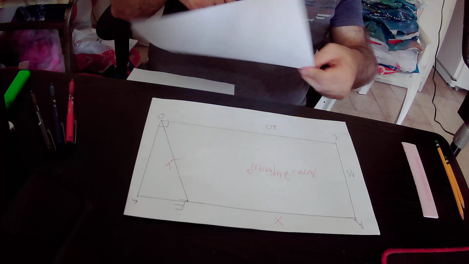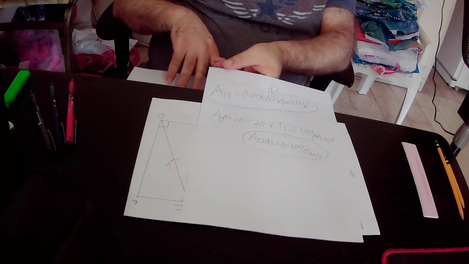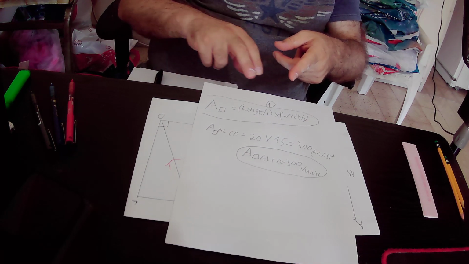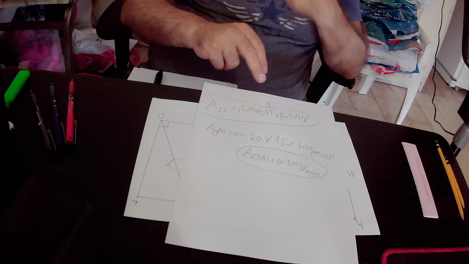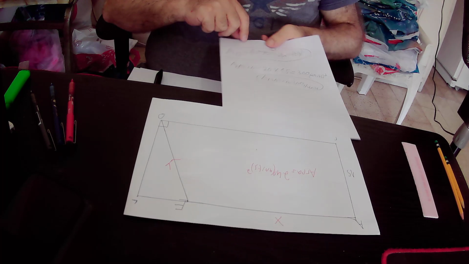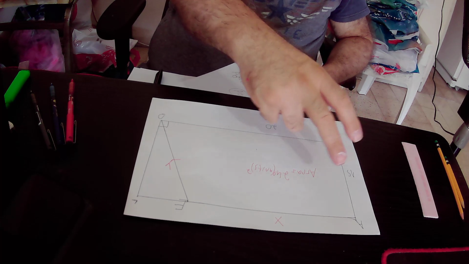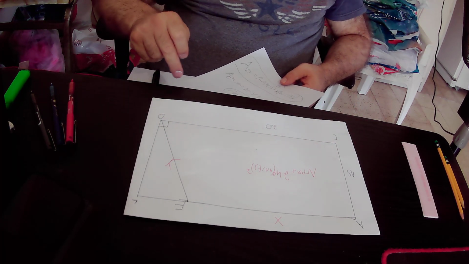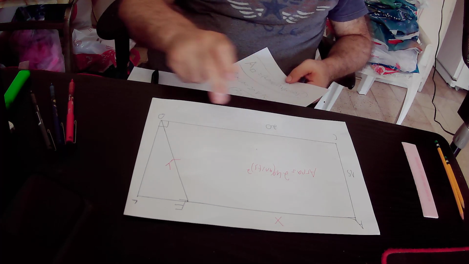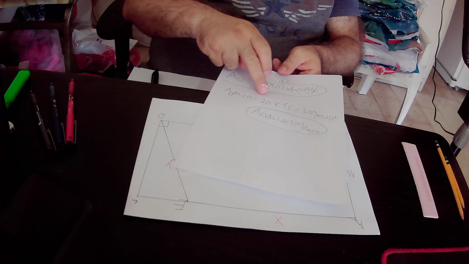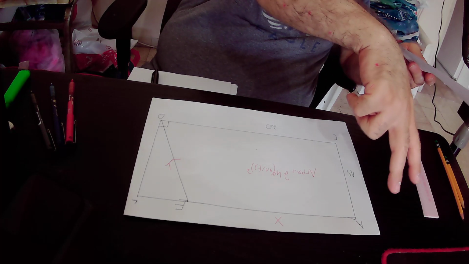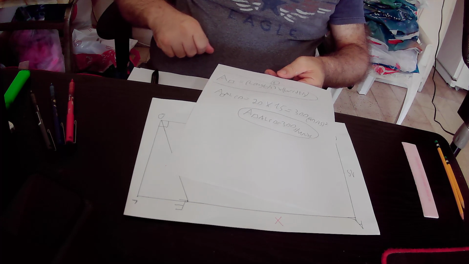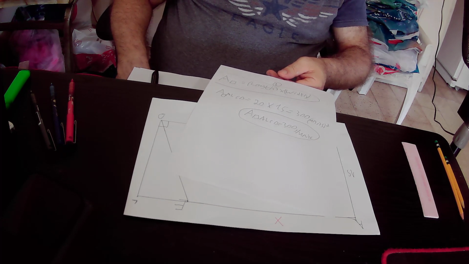I will repeat again. The formula for the area of any rectangle is the length times the width. So the area of rectangle ALCD equals 20 units times 15 units. 20 times 15 equals 300.